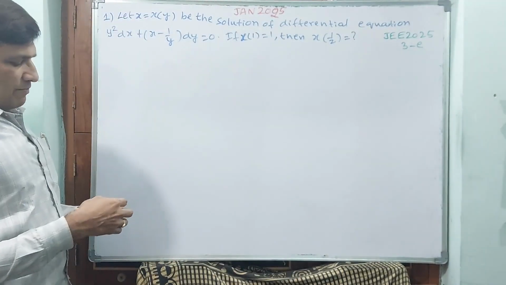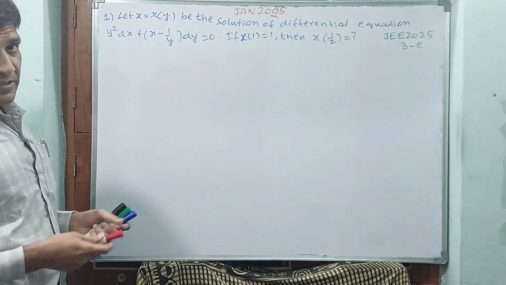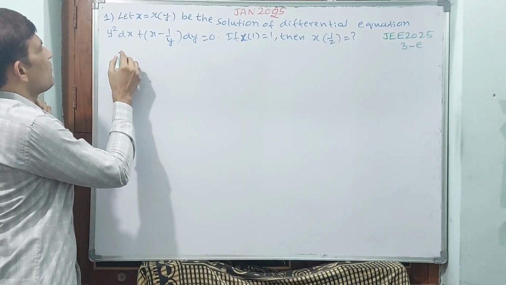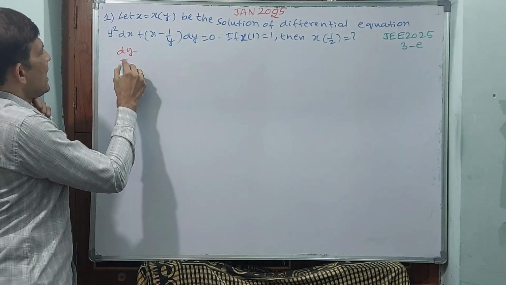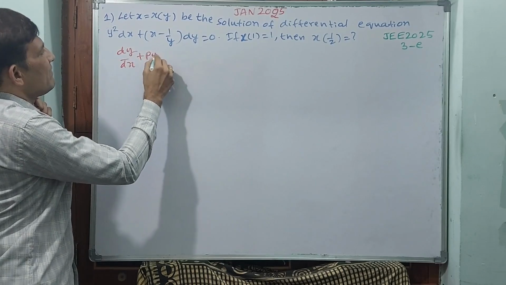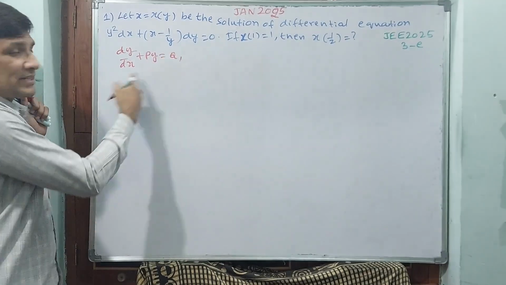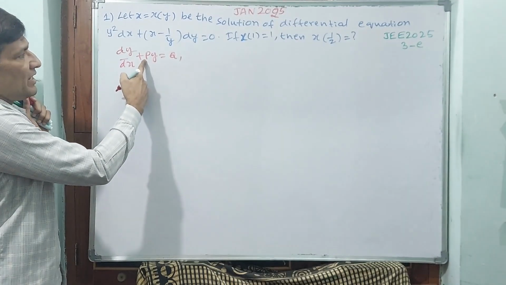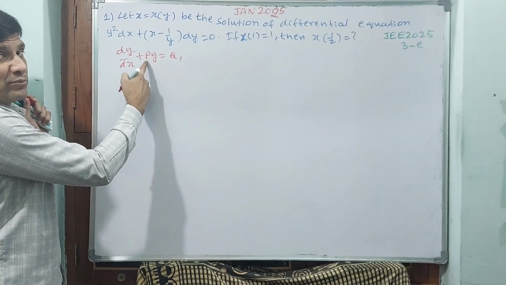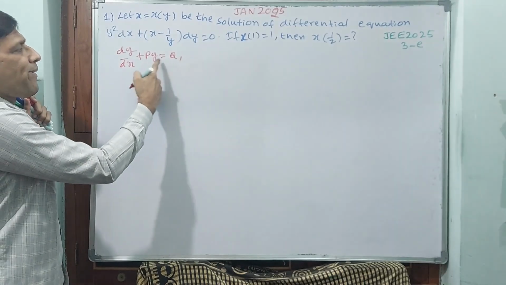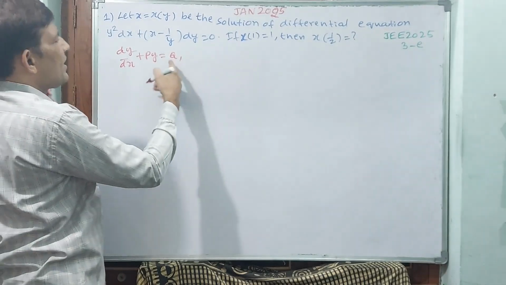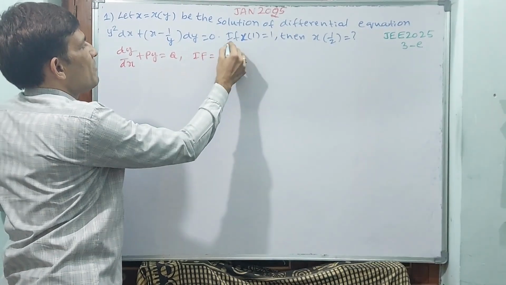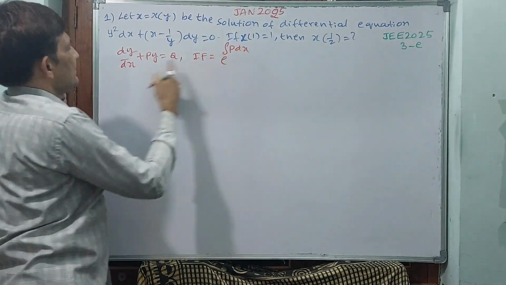See, before that let me write the old equation and the new equation for this question. What were we doing in the old equation? dy by dx plus py is equal to q. This was the equation. dy by dx should come and here p into y should come. P should be in terms of x, q also in terms of x. The integral factor was e power integral p dx.